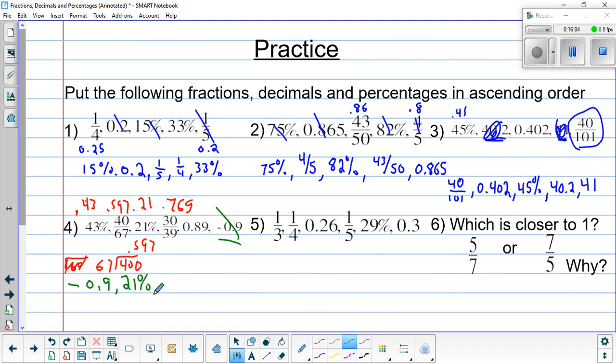I've got this 0.21 at 21%. Keep going. What else? We've got 0.7, 0.4, 43% is our next. You just got to keep going through and slowly writing them down at this point. So 40 over 67, we have 30 over 39, and lastly 0.89.